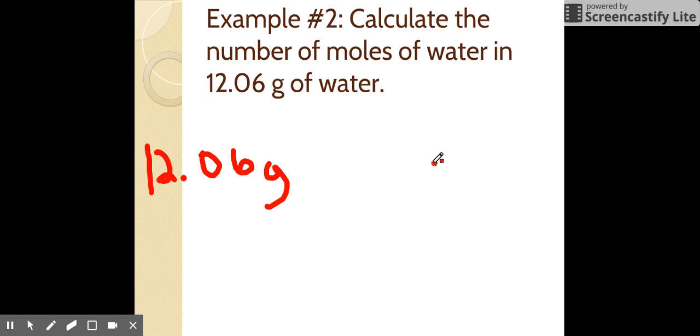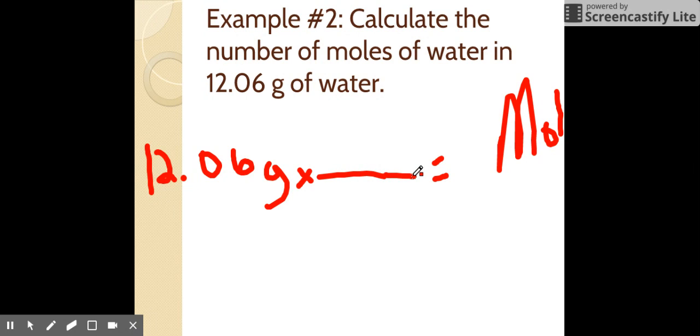And I'm trying to get 2 moles. Whoa, that's big M. MOL. Now looking at factor label, I know I need grams on bottom, and I know I need moles on top. Where am I going to get these numbers from?